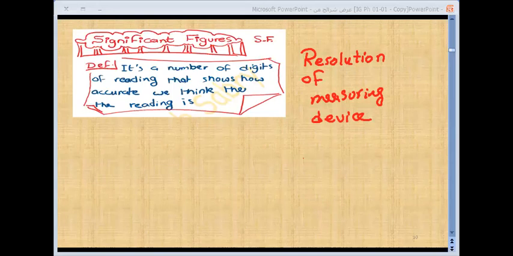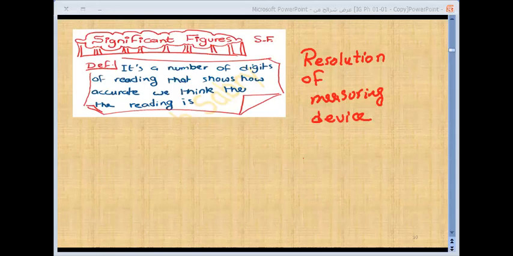If I ask you, and I want you to answer on the chat, what is the resolution of a ruler? The normal ruler that you use in geometry. I said the minimum division.